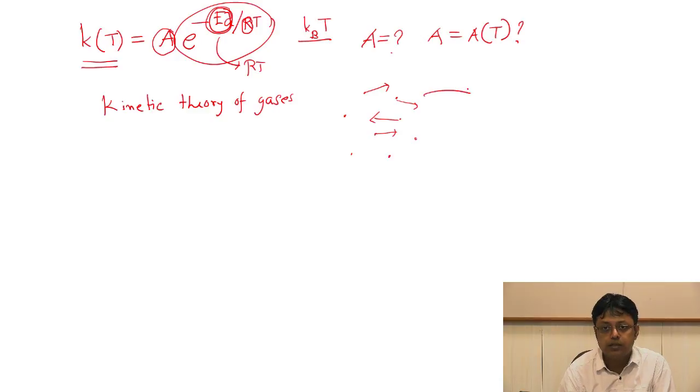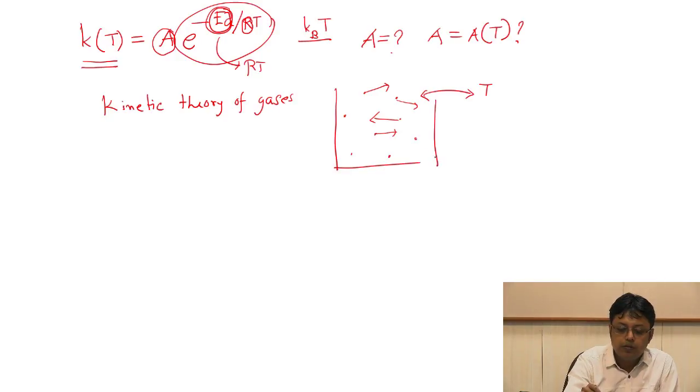This motion is connected to the absolute temperature of the gas. The first thing you can calculate is this: since the molecules are moving, if you put them in a container, these molecules will strike the wall and bounce back, and this collision will exert a pressure on the wall.